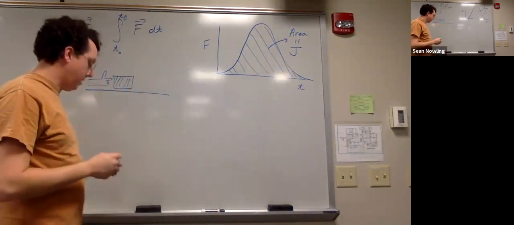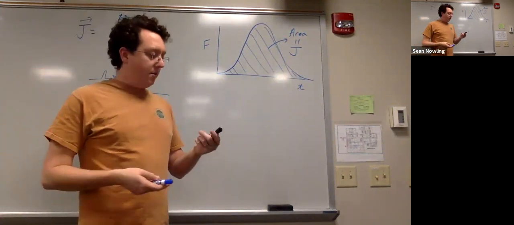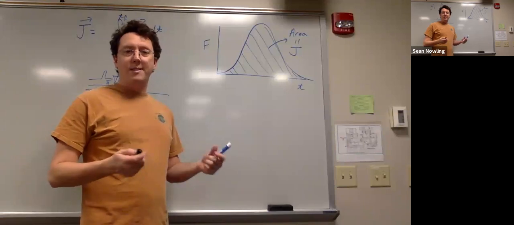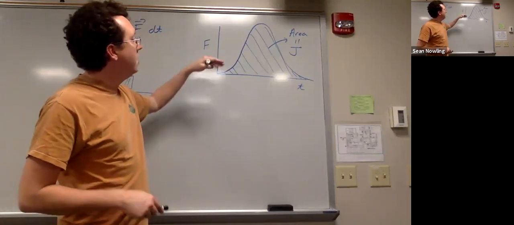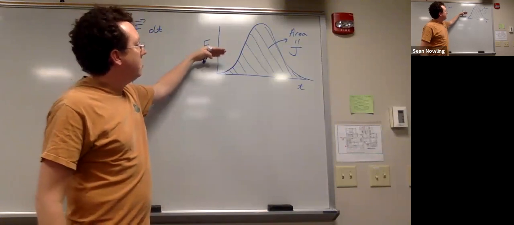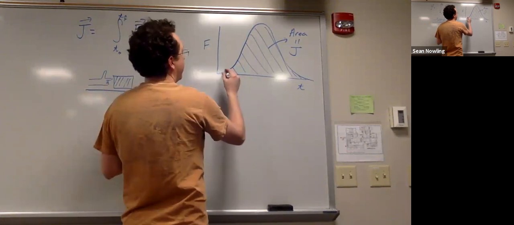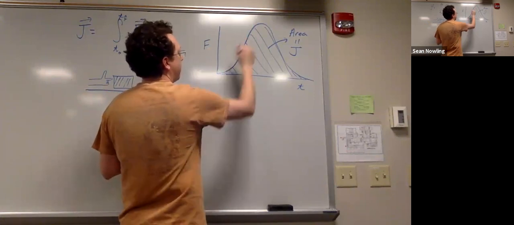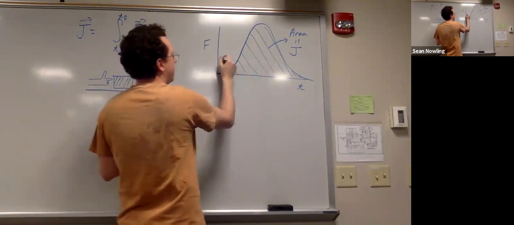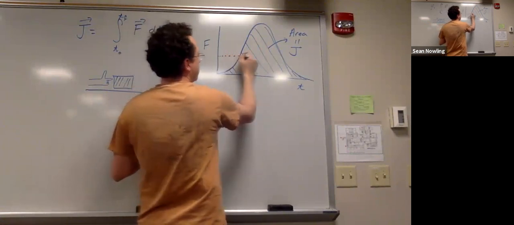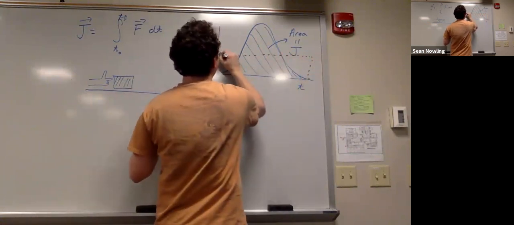Another thing, mentally, I can either give it a fancy name or just wave my hands, but you could also imagine that to calculate this area, you estimate the average force, which would be something like this, over time.